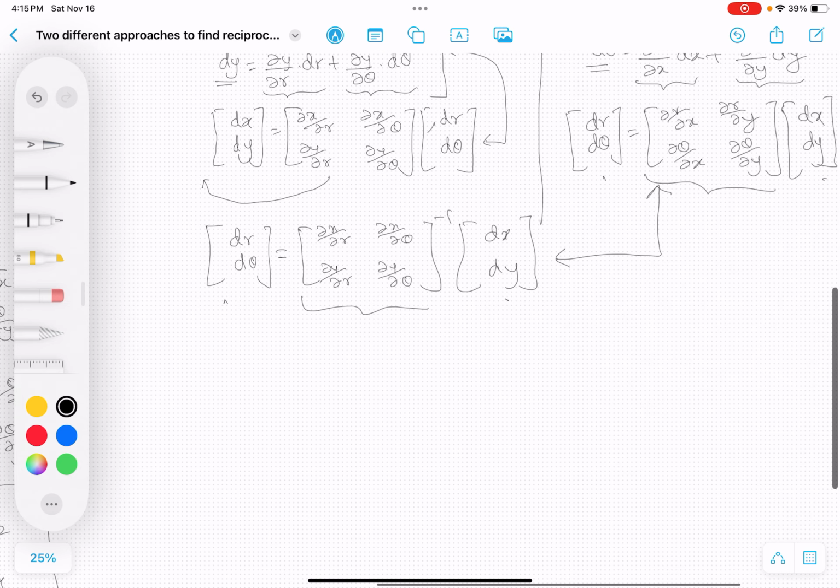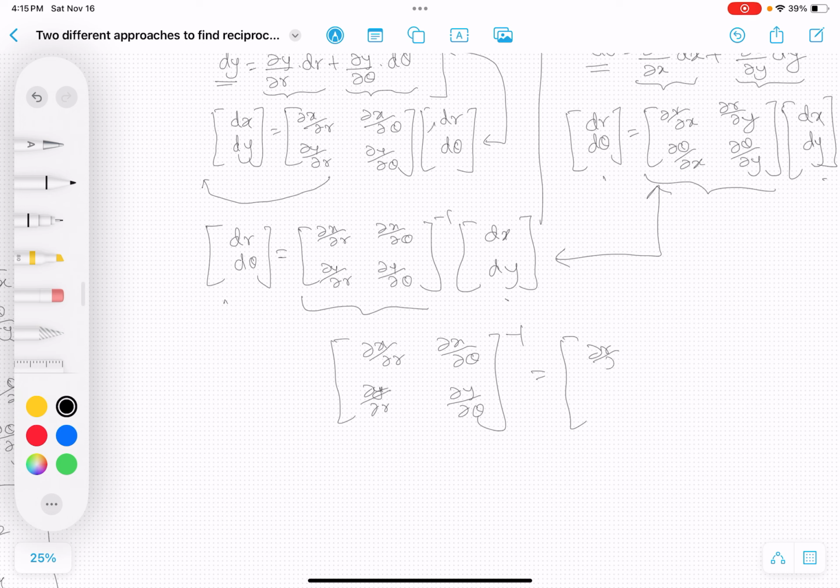So we say that partial x partial r, partial x partial theta, partial y partial r, partial y partial theta, this inverse must be the same as partial r partial x, partial r partial y, partial theta partial x, partial theta partial y. Right?